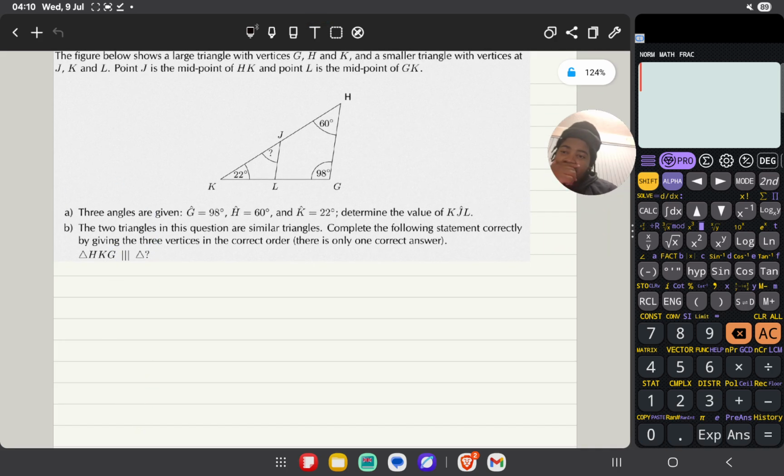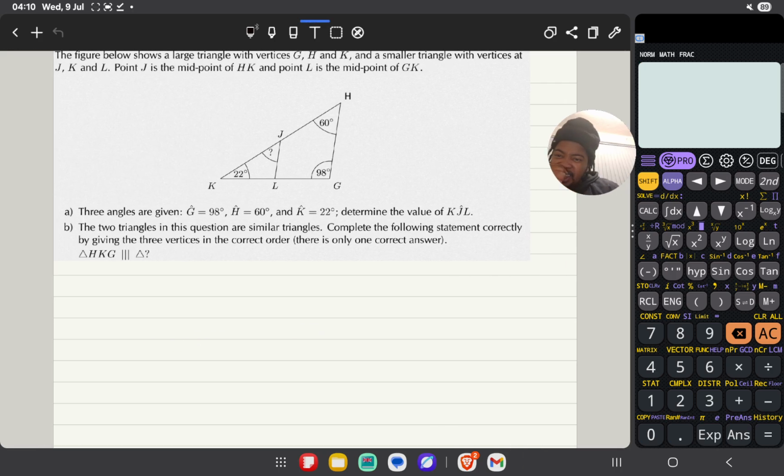Let's see what we have here. So here they say in the figure below, it shows a large triangle. So they are saying that three angles are given.